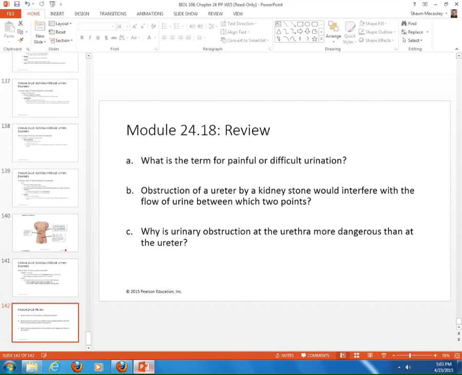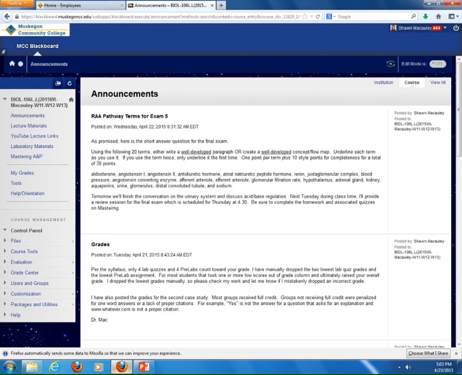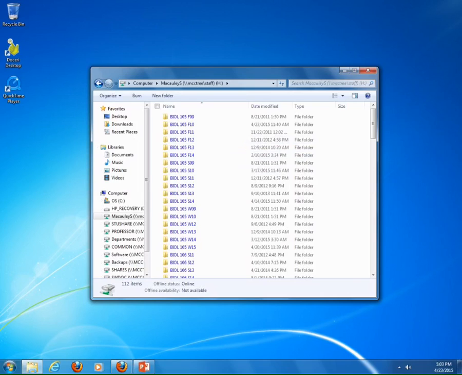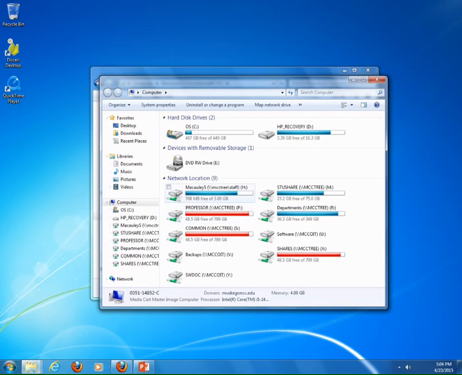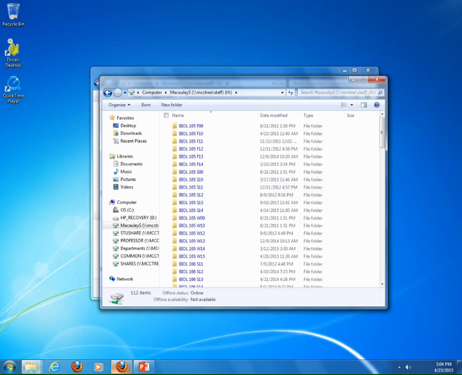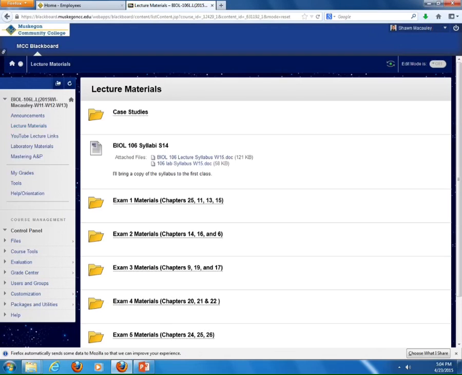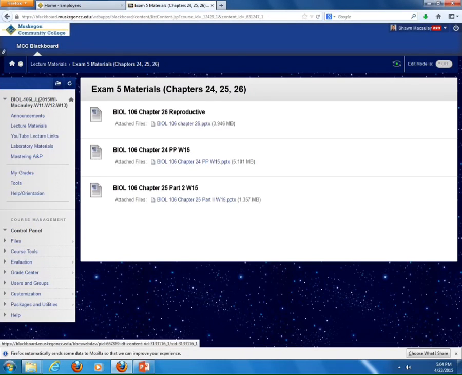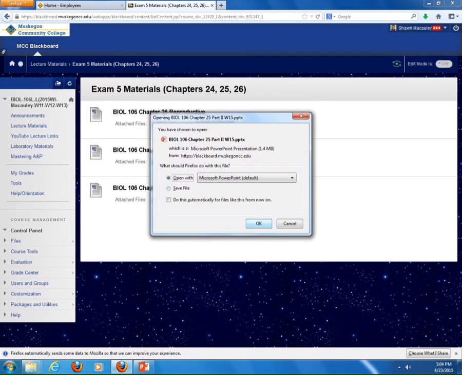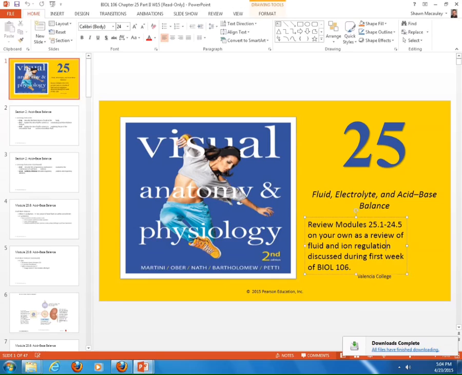Okay, so let's take a look at the last little bit of information. And this comes from the last little bit of Chapter 25.